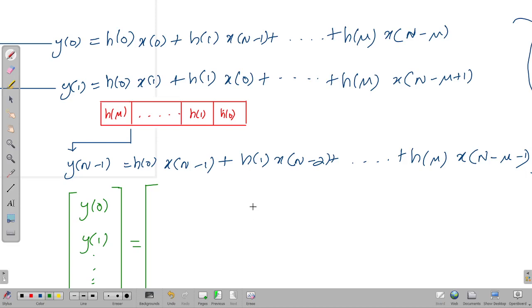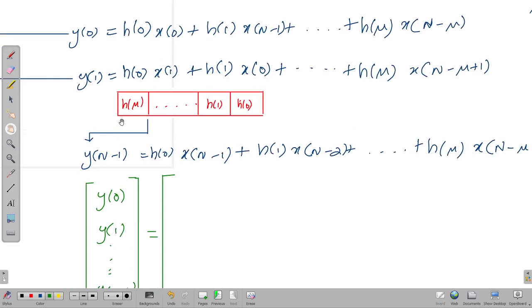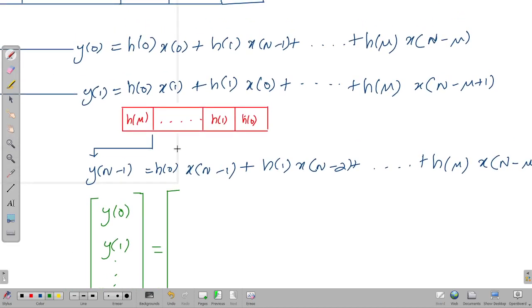So let me try to write in a different way, or let me just write in the way it is more comfortable. That is x of 0, x of n minus 1. I'm just trying to write this equation, etc., etc., up to x of n minus mu.